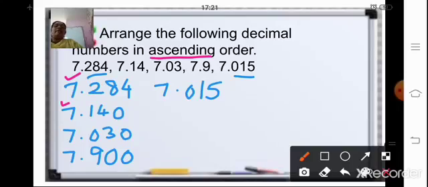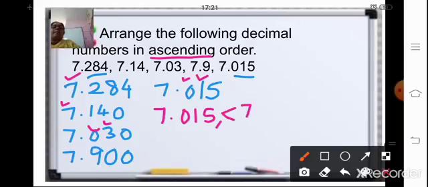In the 10th place, we have two numbers, that is 0 and 0. It is same. So we will compare the number in the 100th place. In the 100th place, here it is 1 and here it is 3. Now 1 is smaller than 3. So you will write the first number, that is 7.015, is smaller than 7.030.